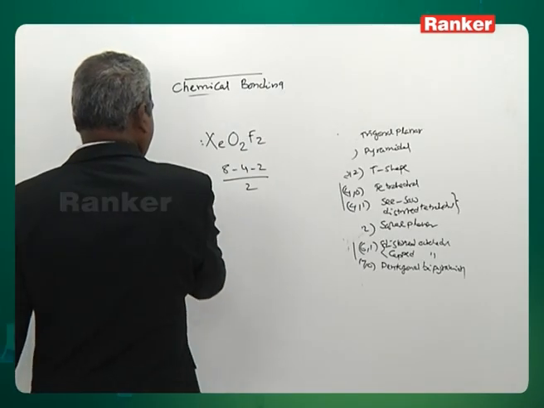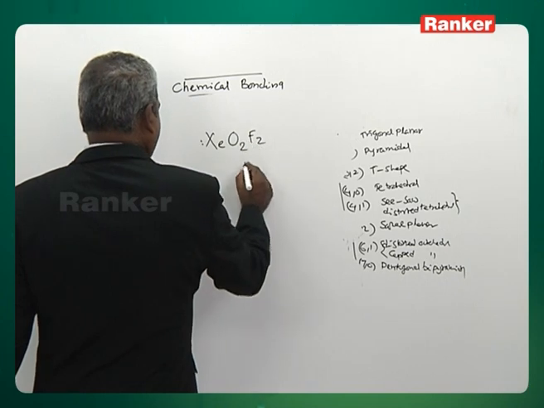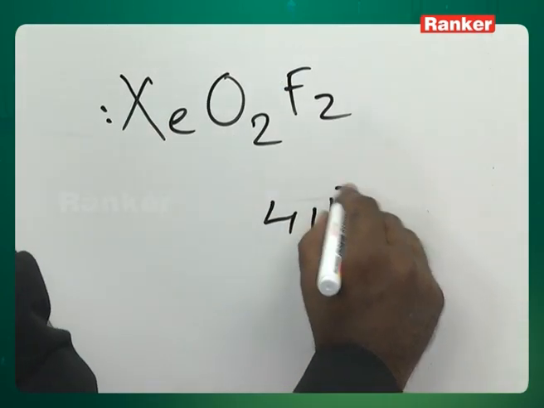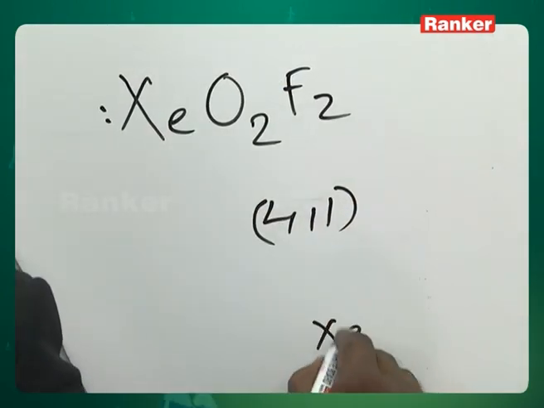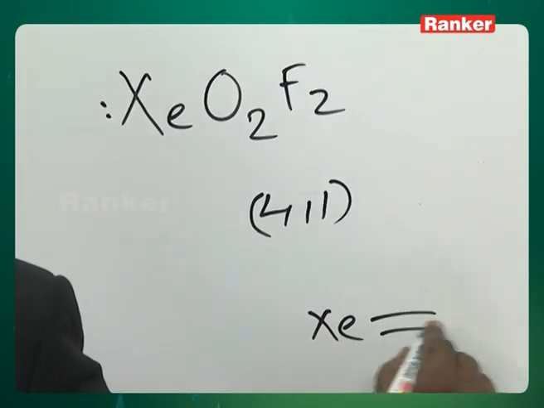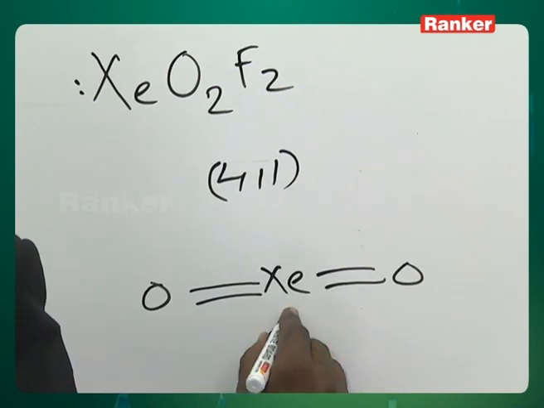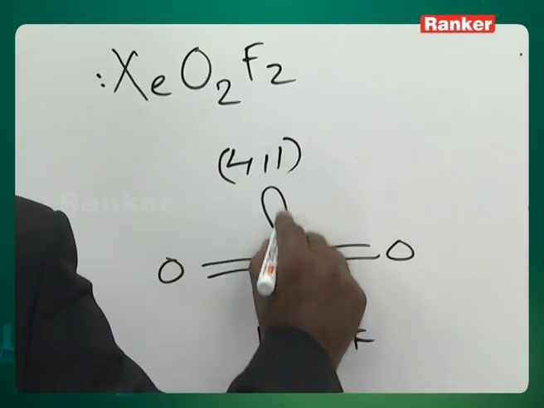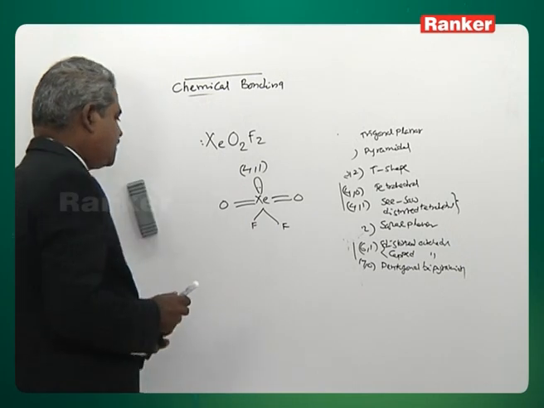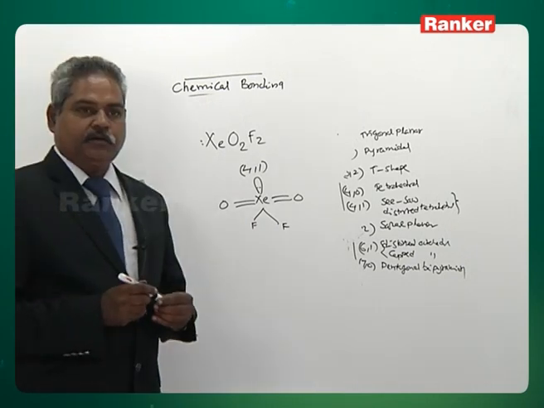Total number of pairs, guess how many? 2 oxygens, 2 fluorines. So it is 4 bond pairs, 1 lone pair. XeO2F2 is called distorted tetrahedral or seesaw. Seesaw.